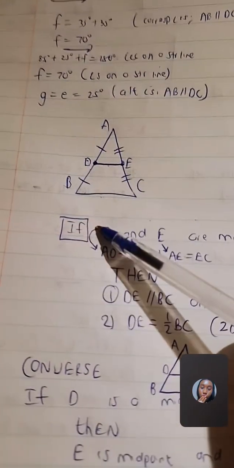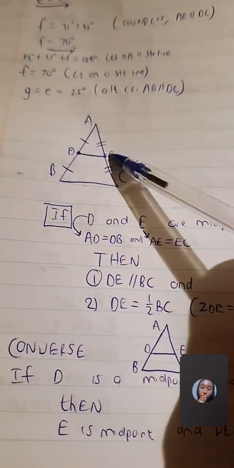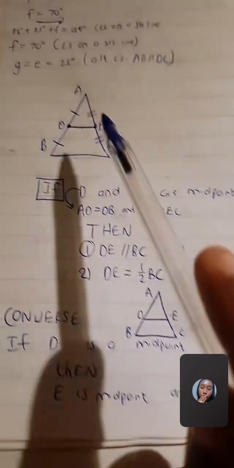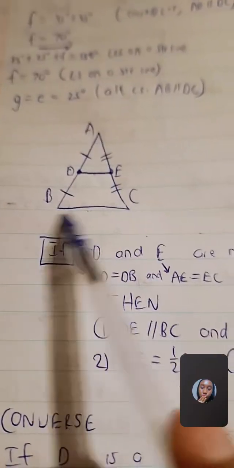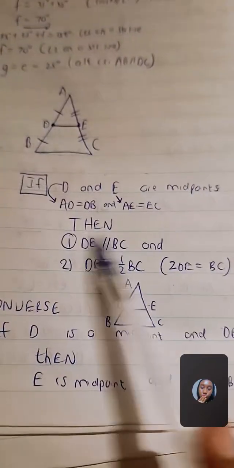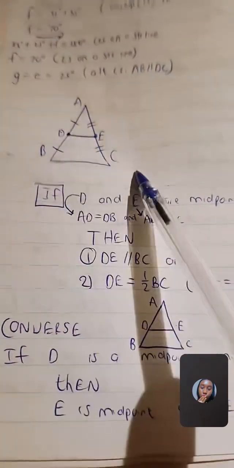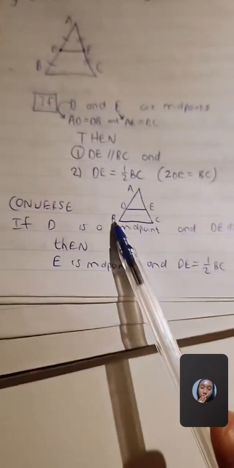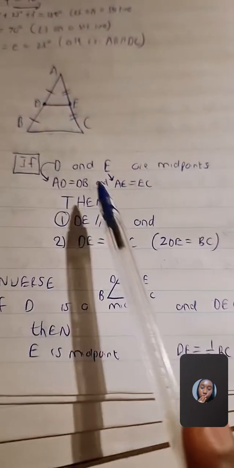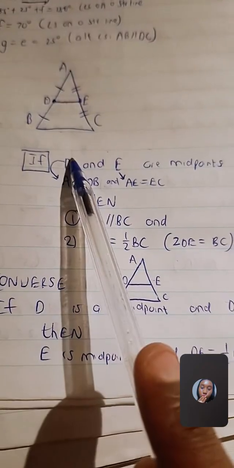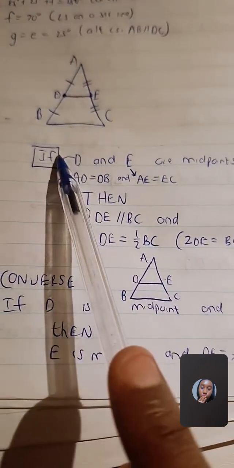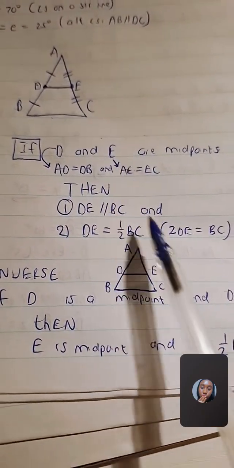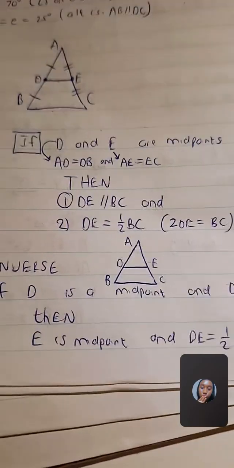The actual midpoint theorem talks about two midpoints. And then it talks about the result being focused on DE and BC, both for parallel lines and for DE being half BC. That's the midpoint theorem, the original. The converse is simply we pick this and that as the new conditions. Then we take this and that and say those are the results.